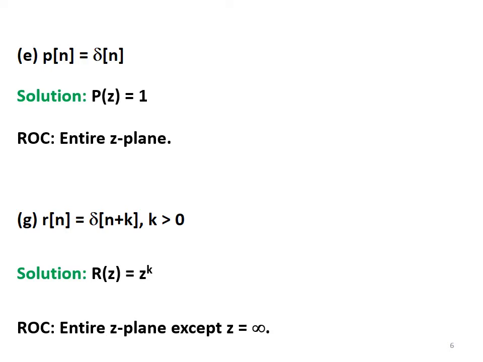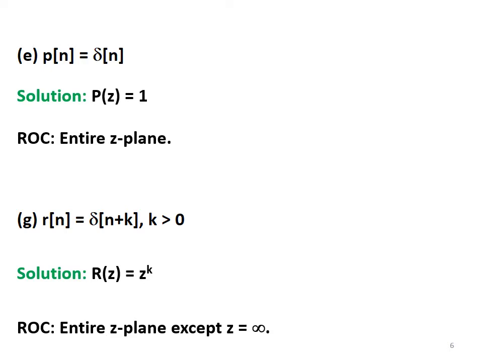And generally when the sequence is causal, z equal to 0 was excluded from the region of convergence. When the sequence exists only in the negative half of the plane, then the sequence was converging for all values of z except z equal to infinity.